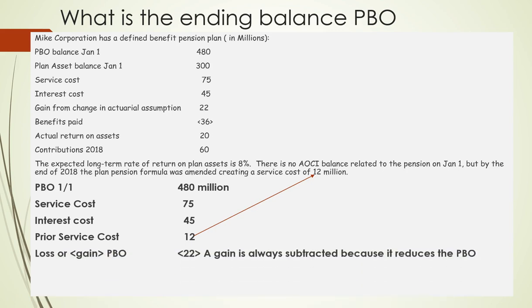We have a gain from change in actuarial assumptions, so we're going to subtract that out because it reduces our obligation. And then we have to subtract out any benefits paid. So our ending balance in our projected benefit obligation should be $554 million at the end of the year.